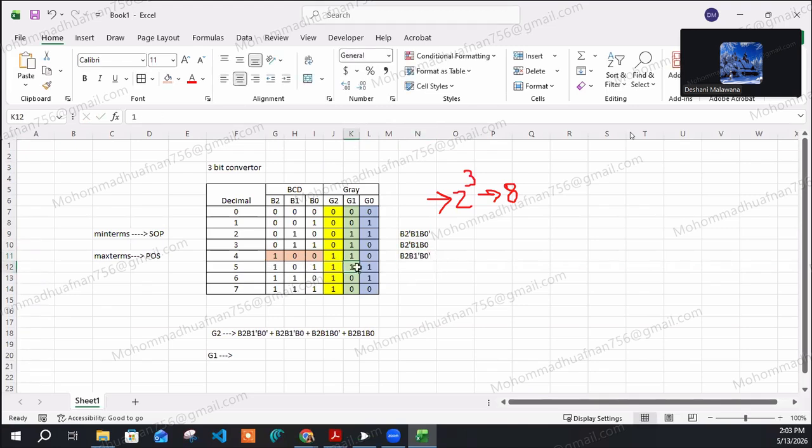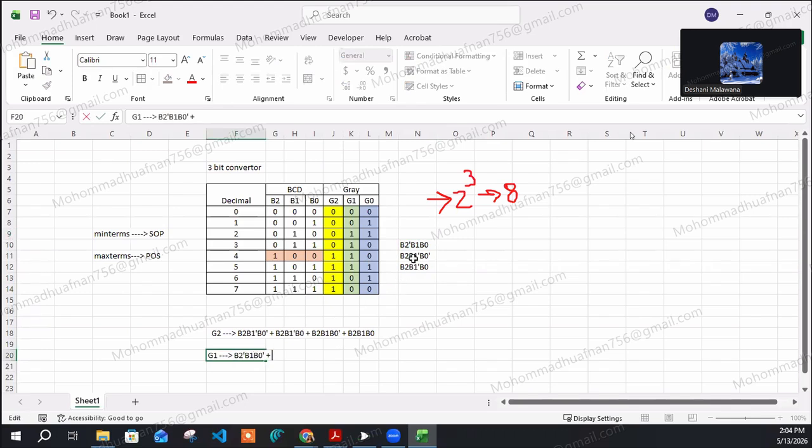So then after this one, then B2, B1 dash, B0. Dash is not. Okay, only here it should be dash. Then after here not dash, here should be dash, here not. Fine. This is the G1 equation.